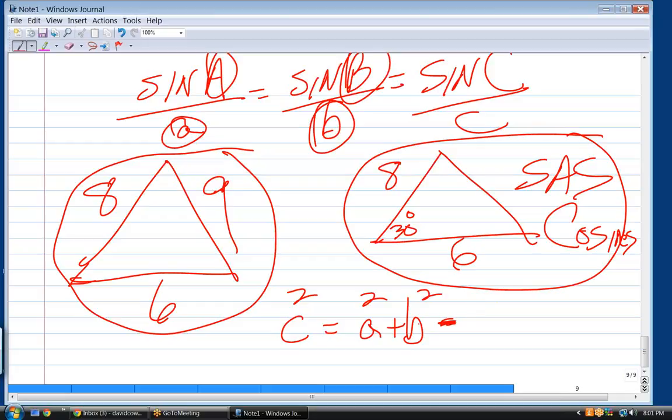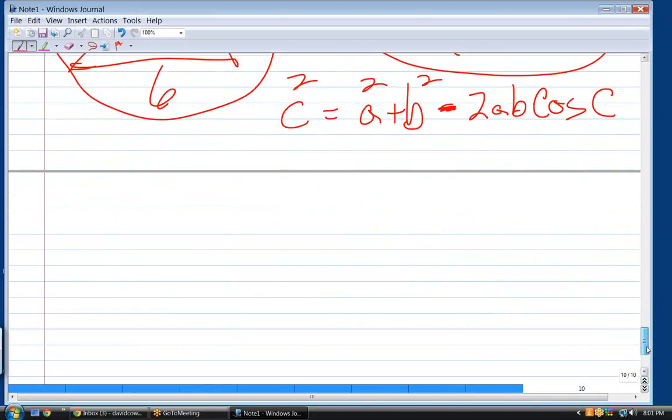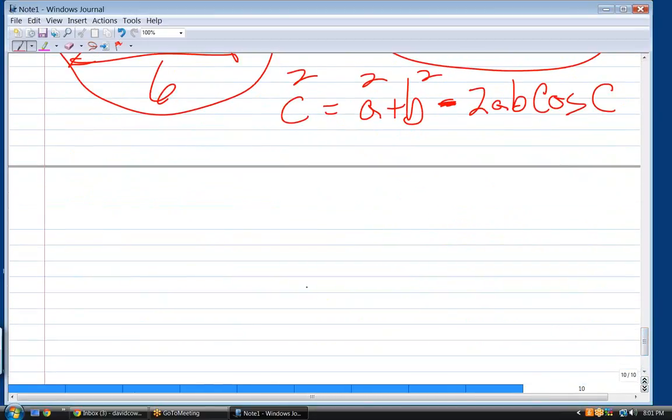So, the secret here is to memorize it like it's the Pythagorean theorem. Subtract 2 times a times b times the cosine of which angle? C? Always whatever that letter is. This is a capital C, this is a little c. Okay? So there's one law of cosines if you're trying to solve for C. If you're trying to solve for A, well, how would it go?